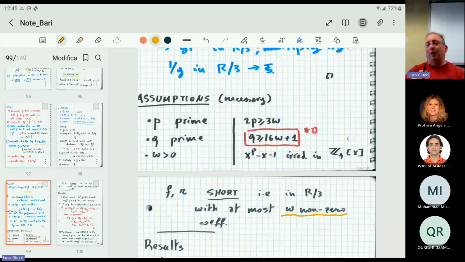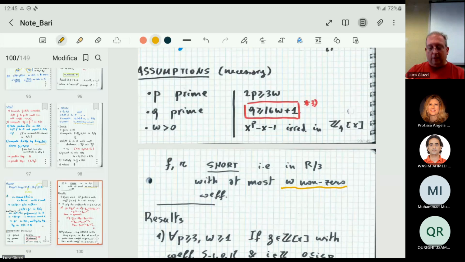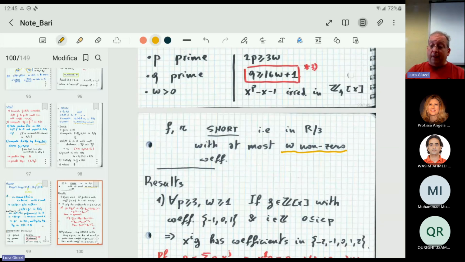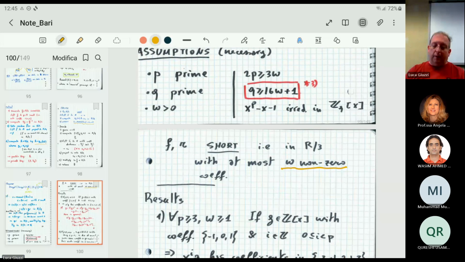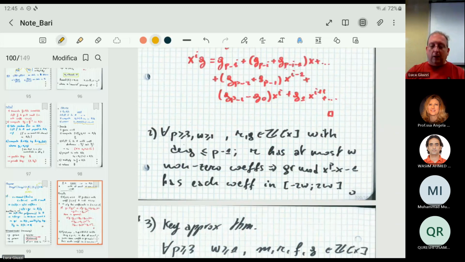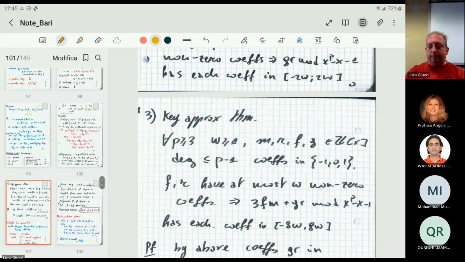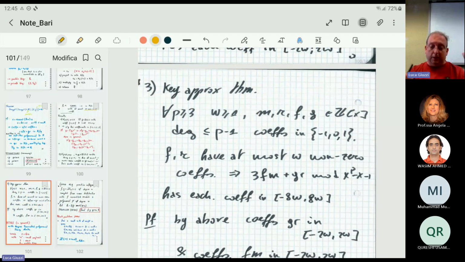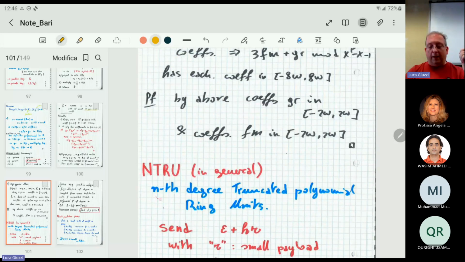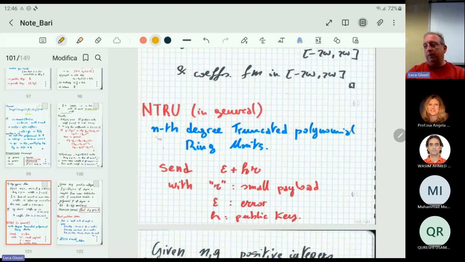If you do not follow these assumptions, then the encryption is not going to work. But under these assumptions, everything follows. And here is the theorem basically showing that you are not going to end up with something unsavory. And then once you have done this, you have done what you needed.